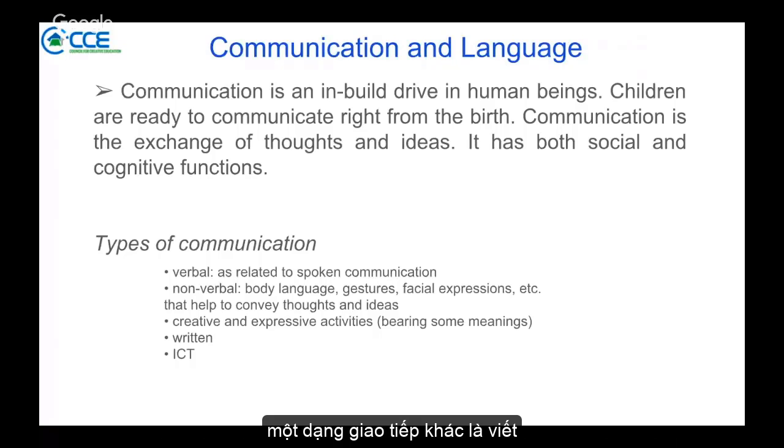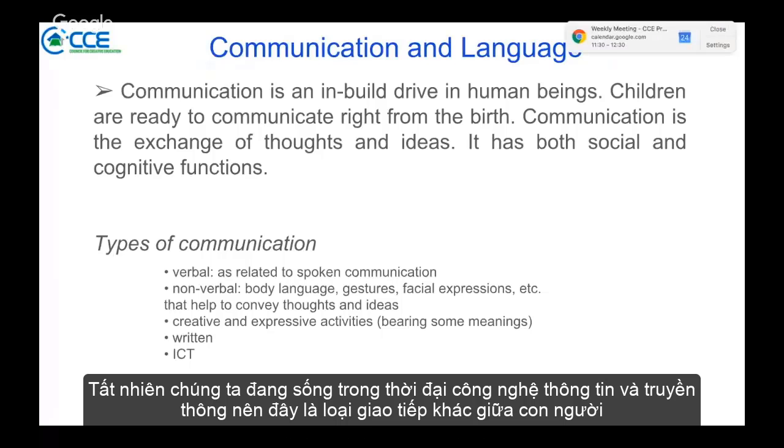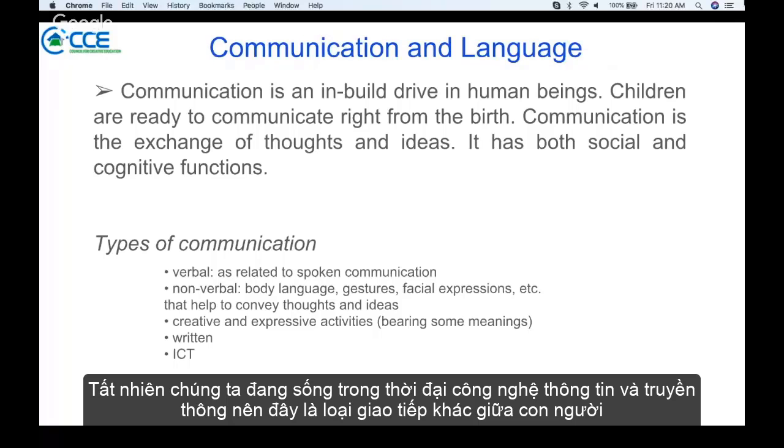Another type of communication is written. So any written text, basically, or when the children learn to write, that's how they communicate themselves. And of course, we live in the ICT age, so that is another type of communication among people.